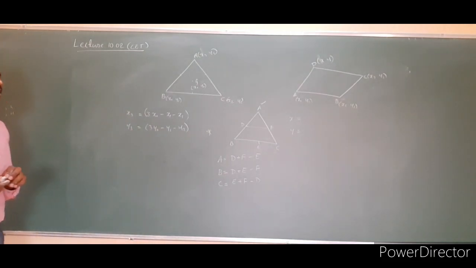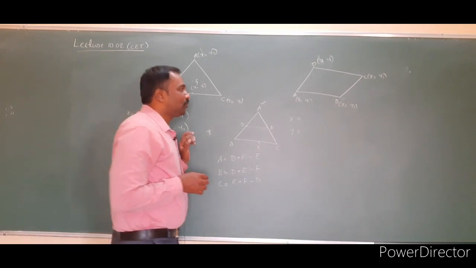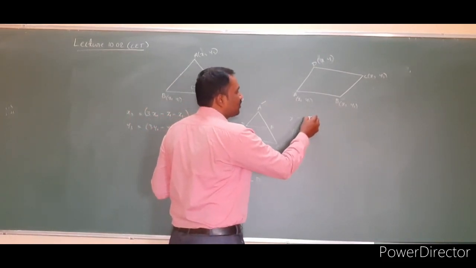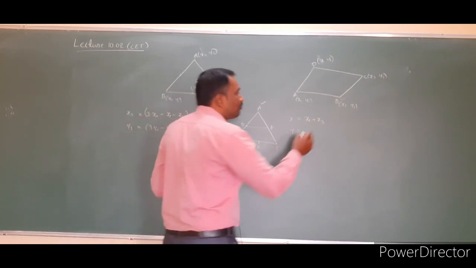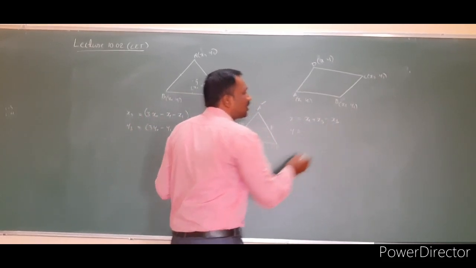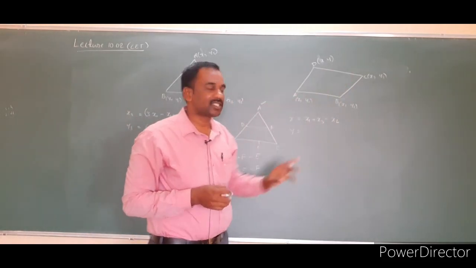For the parallelogram, they give three vertices and we are required to find the fourth vertex. How will you get it? Take the sum of the conjugative points, x1 plus x3, minus the remaining term.